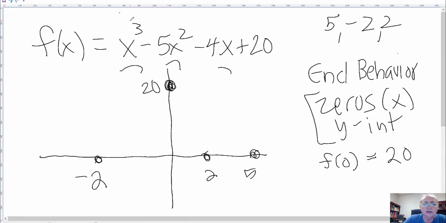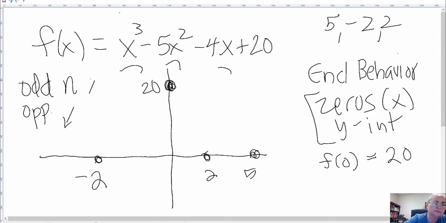It's an odd degree, we call n the degree. So they're going to be opposite ends. Since this is a positive, it's going to be down on the left and up on the right.